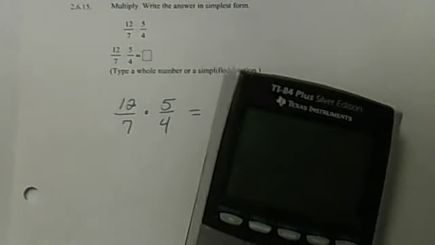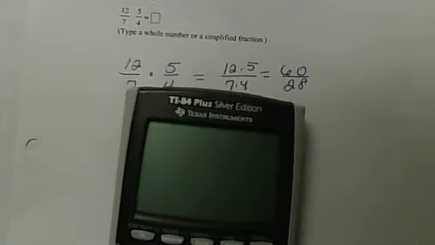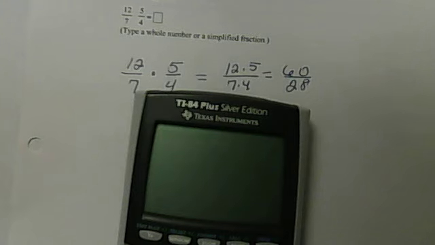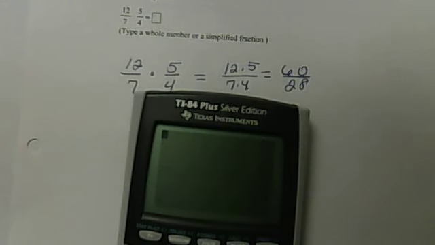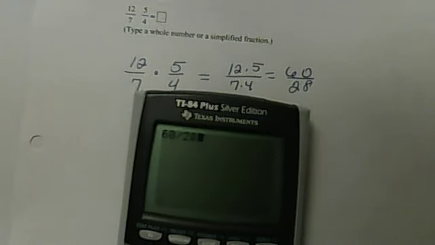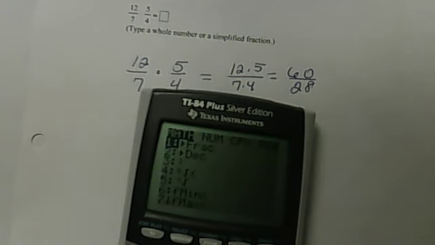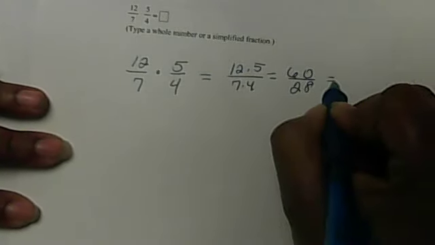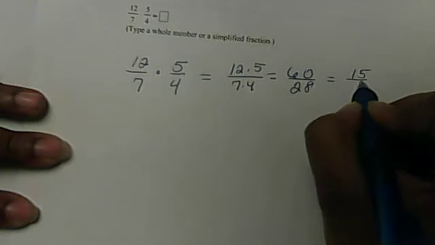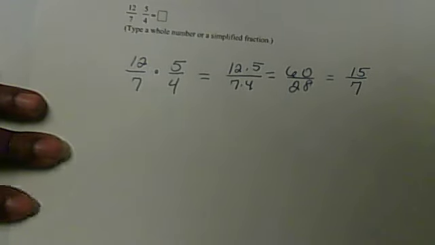But we're going to do that real quick in our calculator because we did just reduce those things in our calculator. So then we would have 60 over 28. Then math, enter. And that gave us 15 over 7. So that gave us 15 over 7 after we used our reducing.